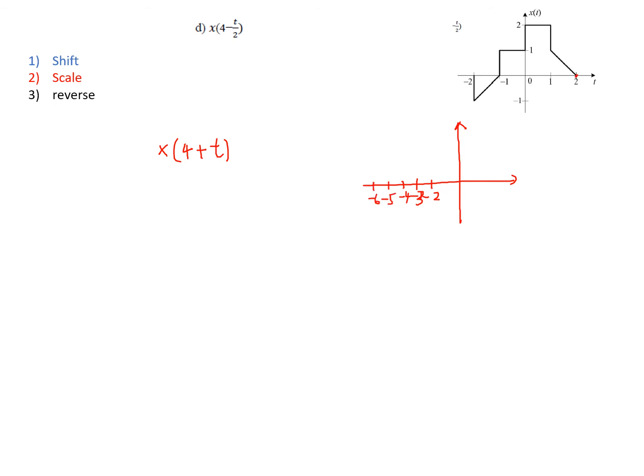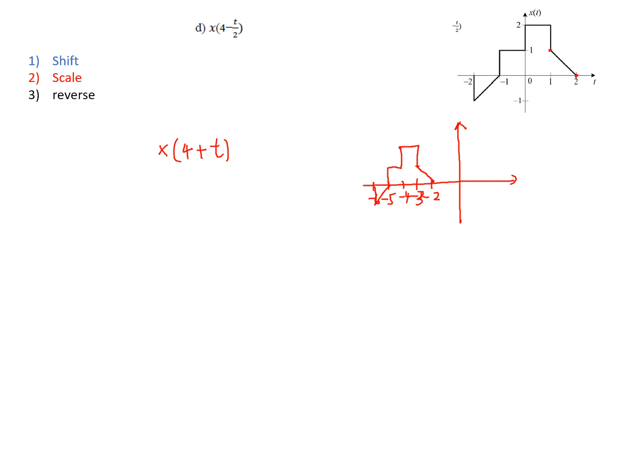So these two will be at -2 here, the 1 will be at -3 here, and the 0 will be at -4 here. So this looks something like this, and then you just continue drawing it. You should get the answer for that shifting.